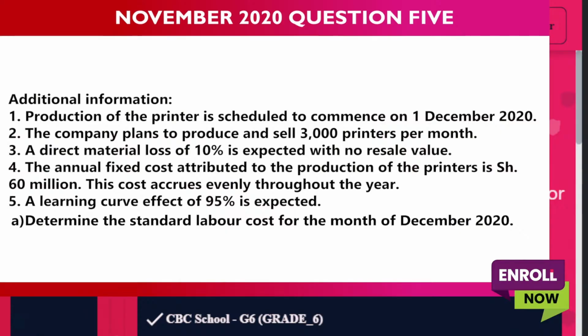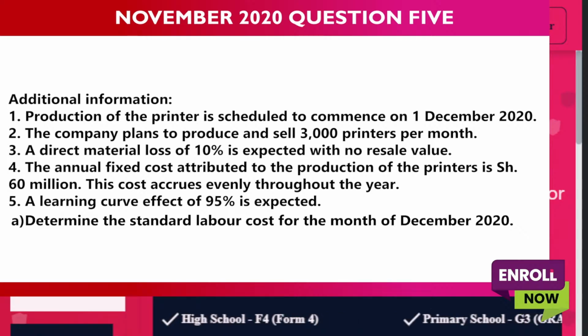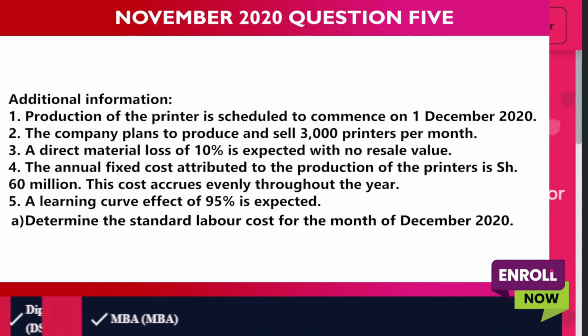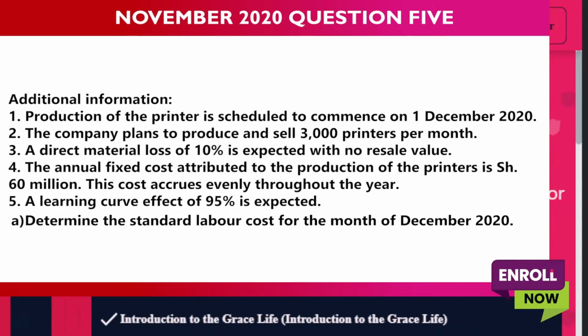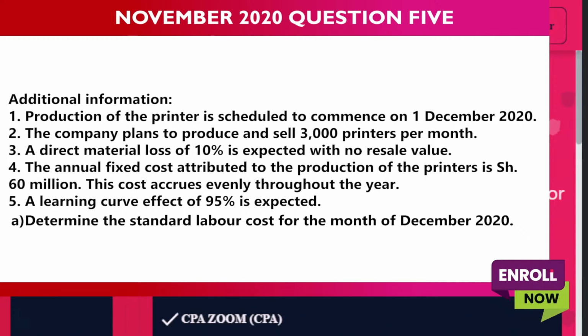Production of the printer is scheduled to commence on 1st of December 2020. The company plans to produce and sell 3,000 printers per month. A direct material loss of 10% is expected, with no resale value.